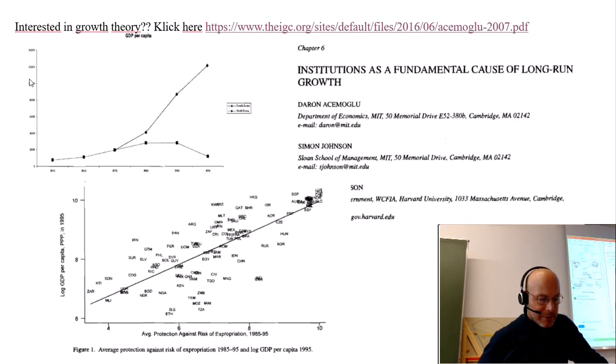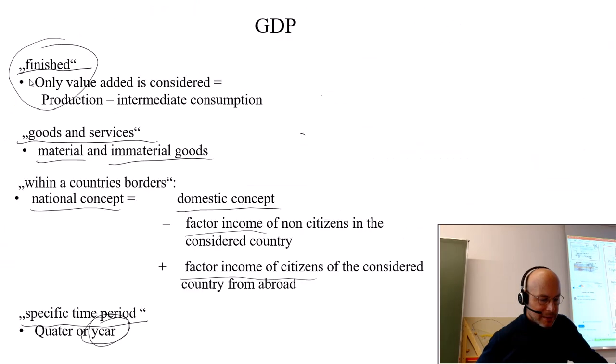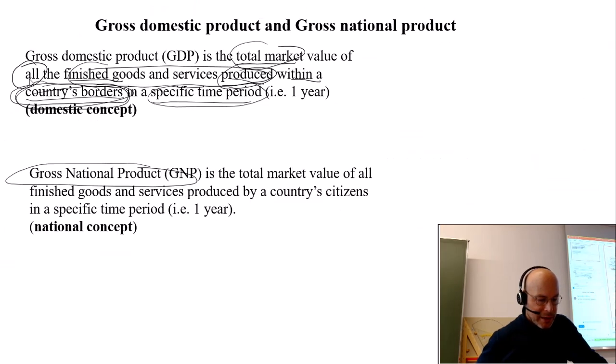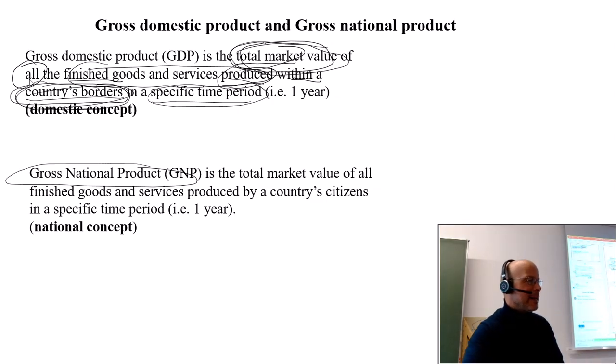we have to care. Let's go back to the definition of GDP. We have to think about this part of the definition, market value. And this is then, so to speak, the nominal value of GDP. We calculate this number by the actual prices.